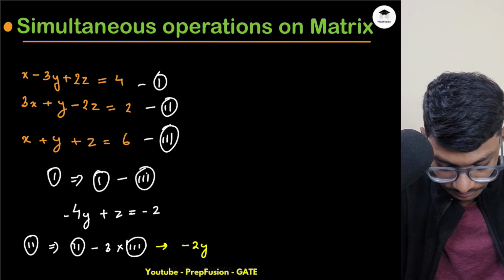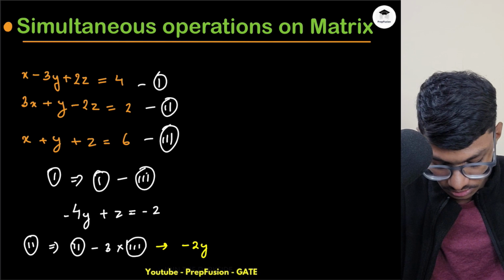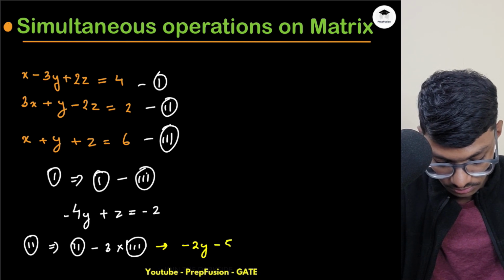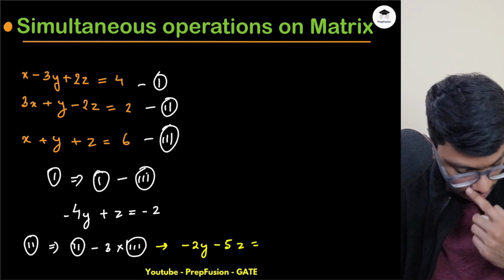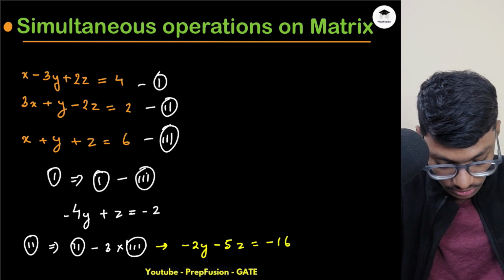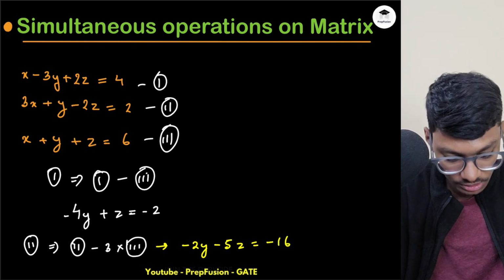Minus 2y and minus 5z. 3 times this, I'm subtracting 18, so this one is minus 16. Okay, so you will get something like this.